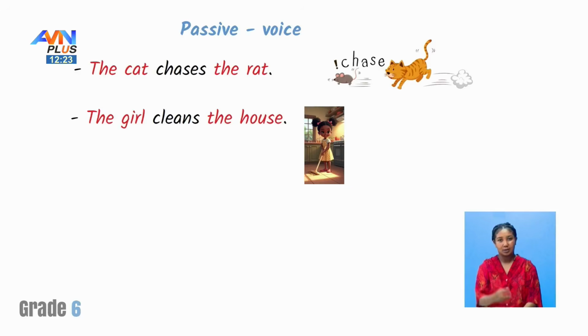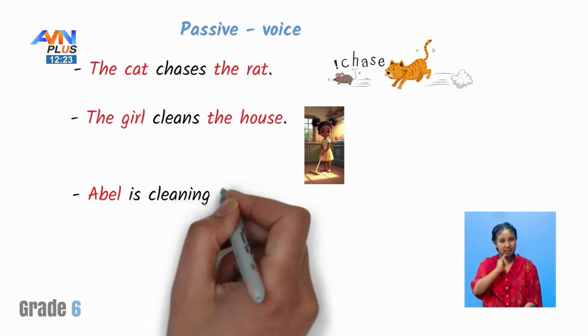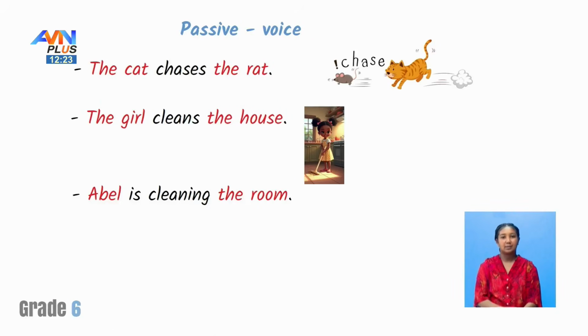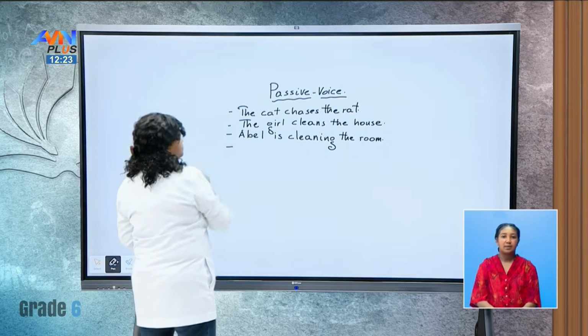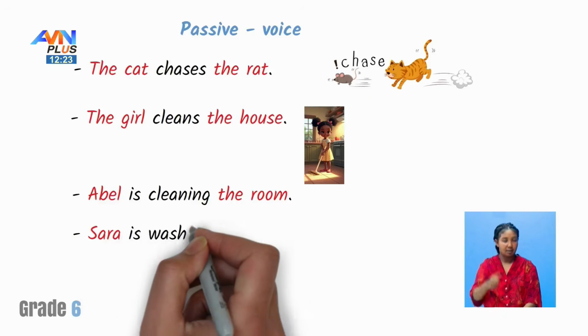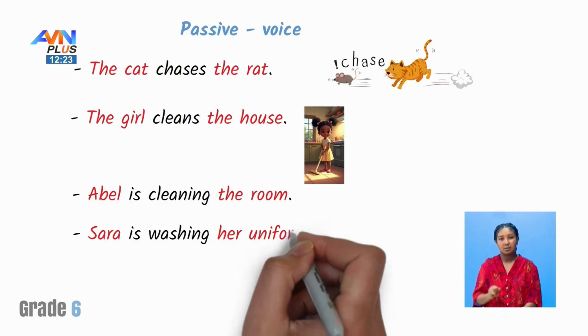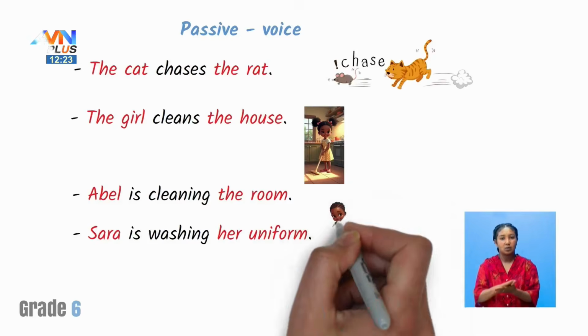Look, Abel is cleaning the room. And one more sentence with this one. Sarah is washing her uniform.